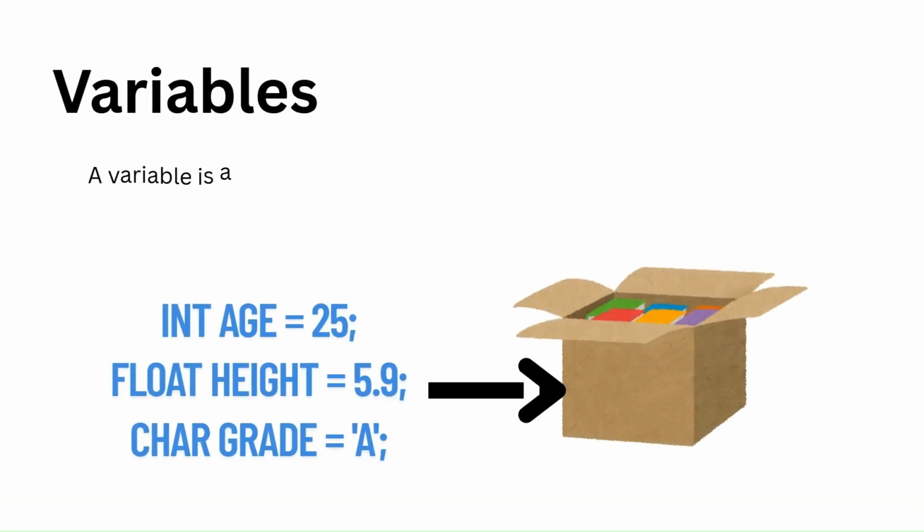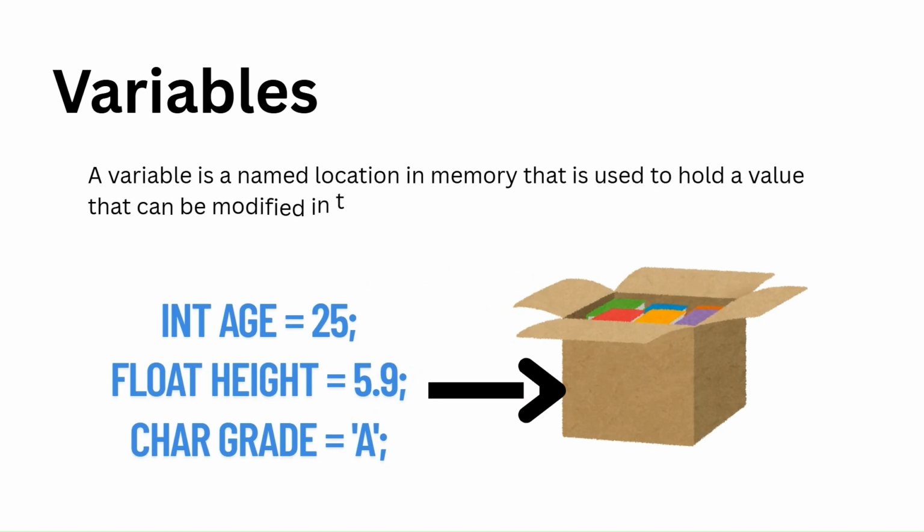A variable is basically a name that refers to a memory location in your computer where data can be stored and modified. Here we are modifying that data using C++. For example, think about a box with a label, and in that box multiple values like numbers, letters, strings, and even any data type can be stored, and you can change what is inside that box at any point in the program.